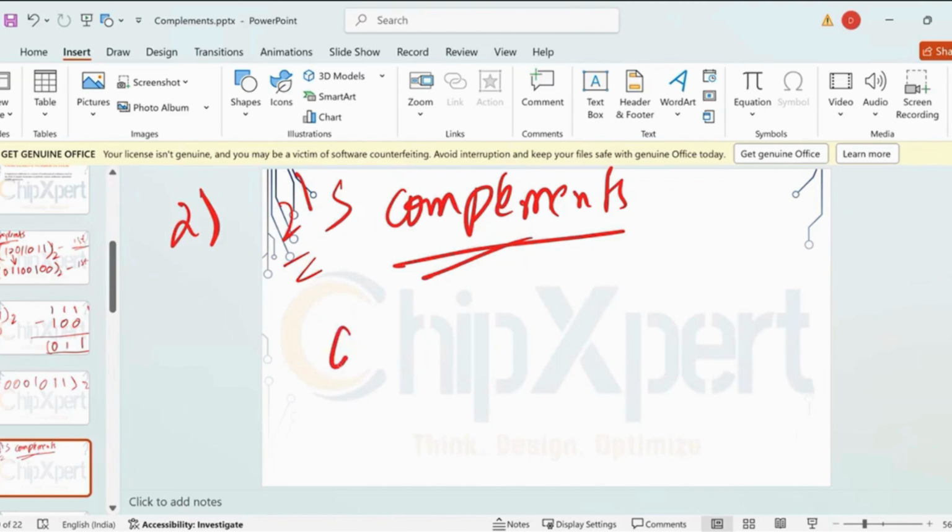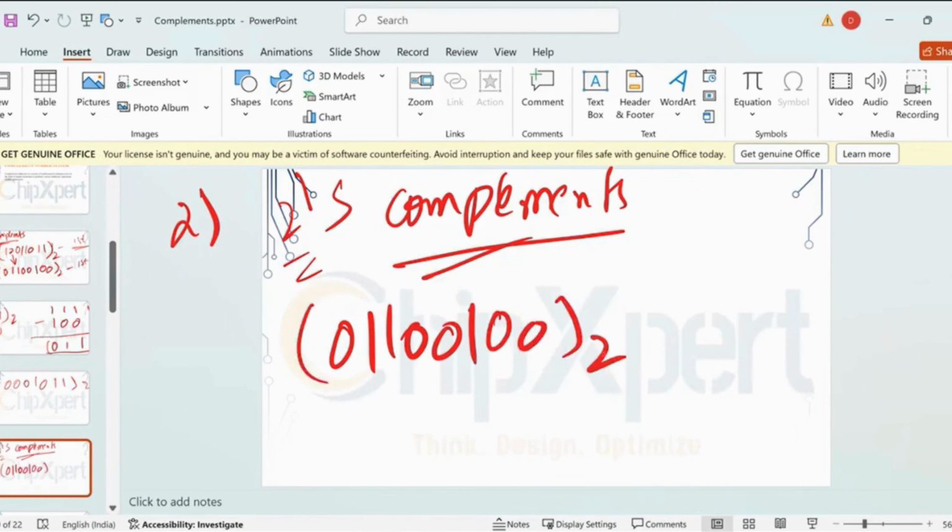0 1 1 0 1 0 1 0. So this is my binary number, and I want to find its 2's complement. If I want to find 2's complement, I need to find the 1's complement first, and if I add 1 to that, it will become the 2's complement. So this is the way to find 2's complement. This is the number, and I want to find its 2's complement. First I'll do the 1's complement.